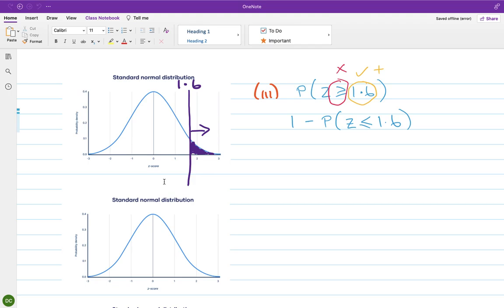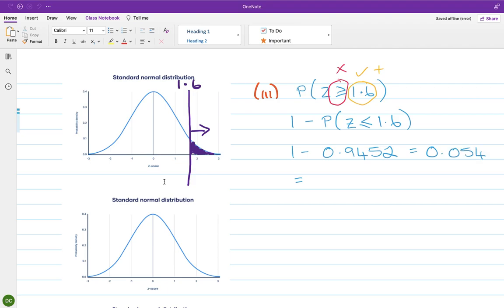So it's 1 minus 0.9452. Yeah, sorry, just double checking I had that right. So 1 minus 0.9452 is 0.0548.